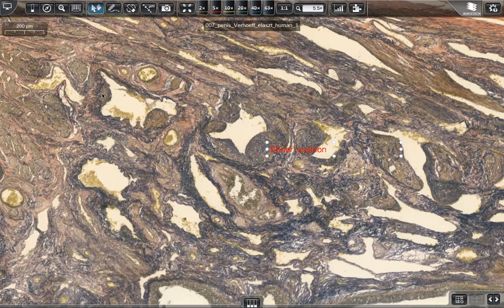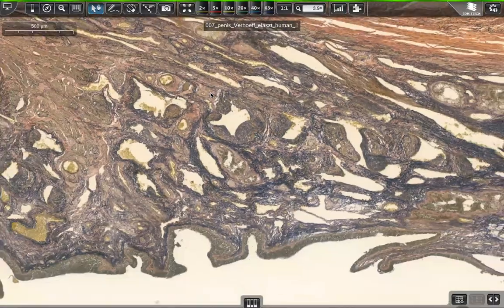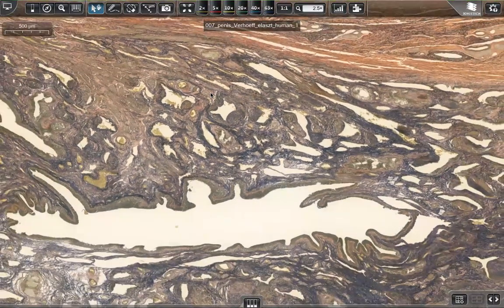Therefore, we usually demonstrate them in the corpus spongiosum. I'm going to show more.